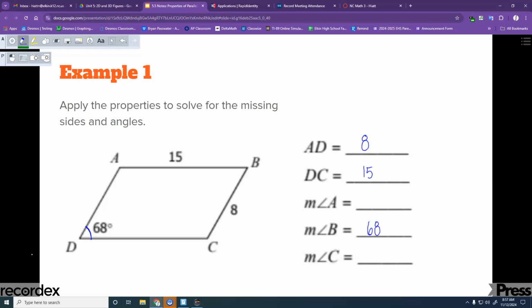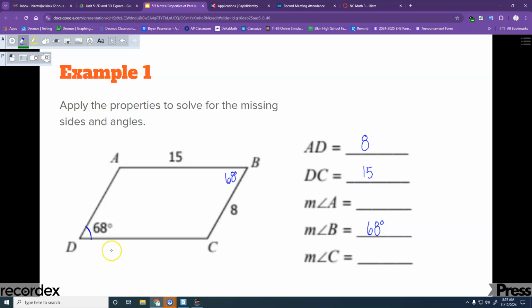Okay. But we have to use our other angle property here that tells us that the same side or consecutive angles add up to 180 degrees. So what would we do to find angle A? Not add 68 and 68.